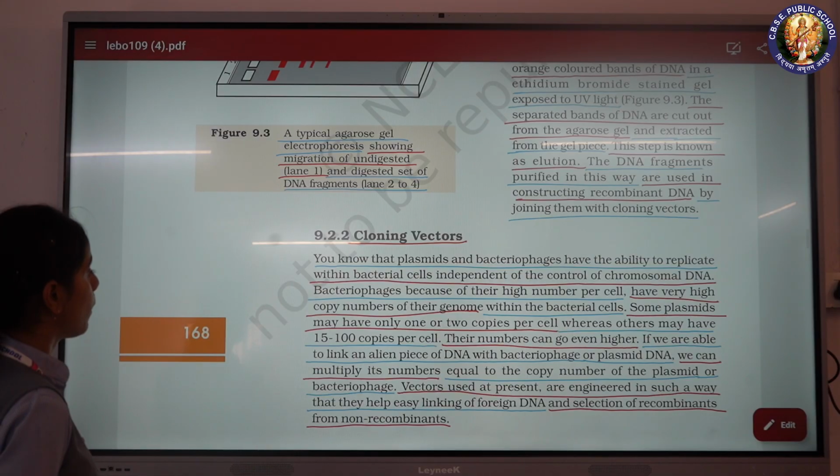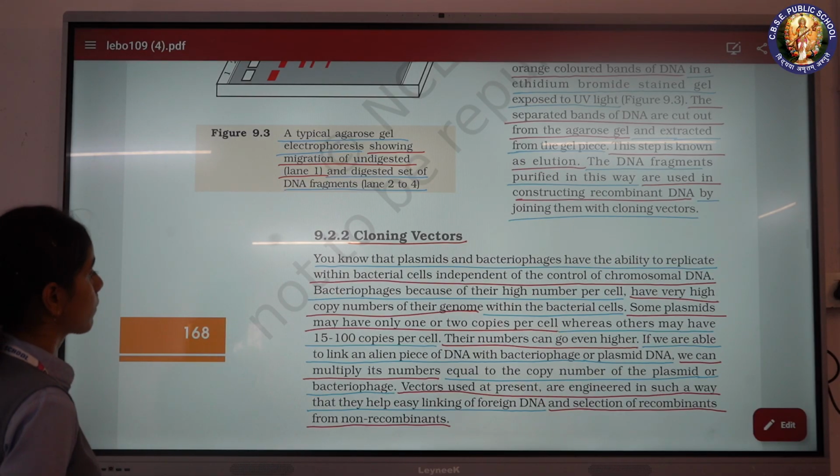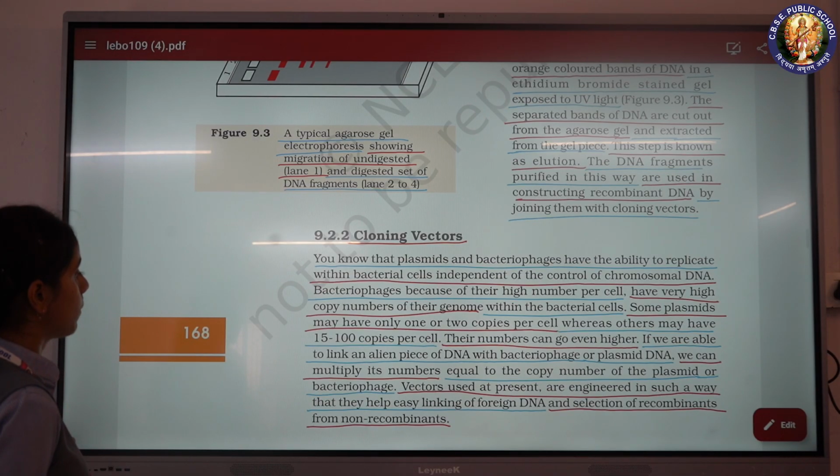If we are able to link an alien piece of DNA with bacteriophage or plasmid DNA, we can multiply its numbers equal to the copy number of the plasmid or bacteriophage.